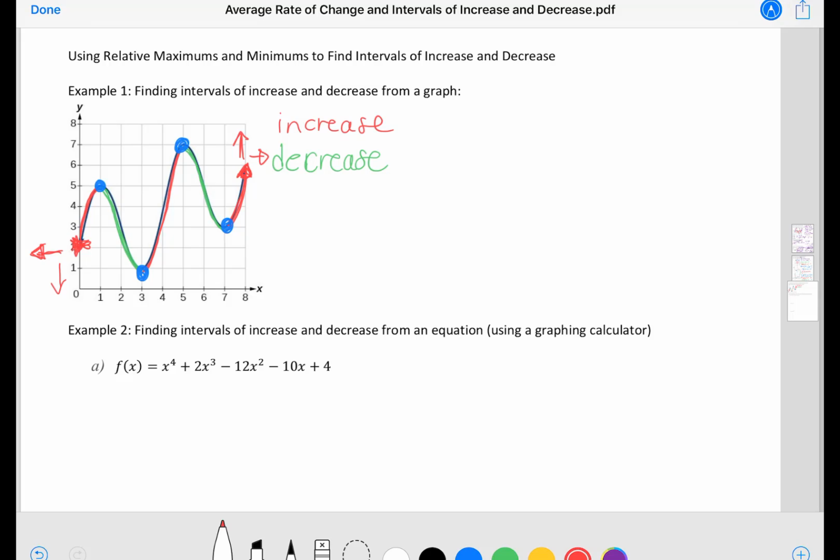I'll call this interval 1. It's going to be from minus infinity up to 1. This is my breaking point. So from minus infinity all the way up to 1. Then my next breaking point, I'm going to go from 1 to 3 for my interval of decrease.